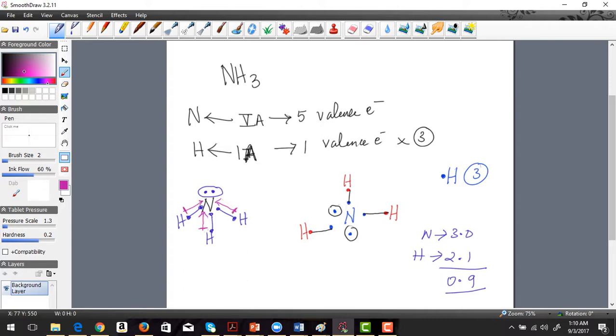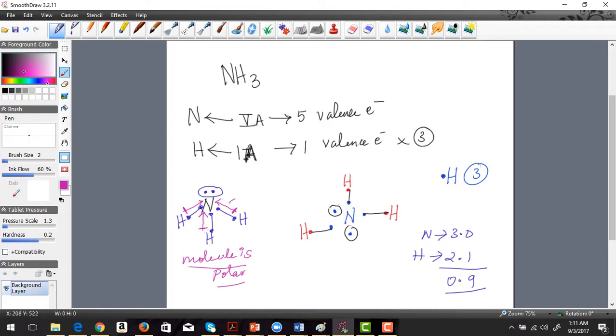Let me remind you all, we're not talking about the molecule's polarity, we're only talking about the bond polarity. I can tell you the molecule is polar, but we will learn this again. We haven't learned geometry, but all we're assigning here is bond polarity.